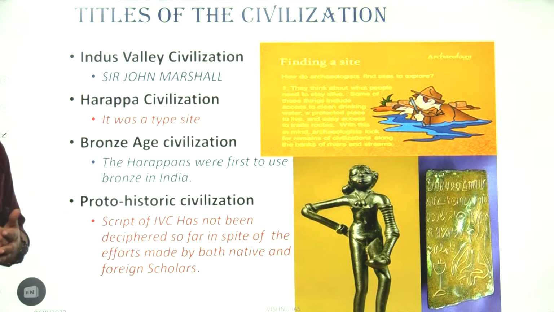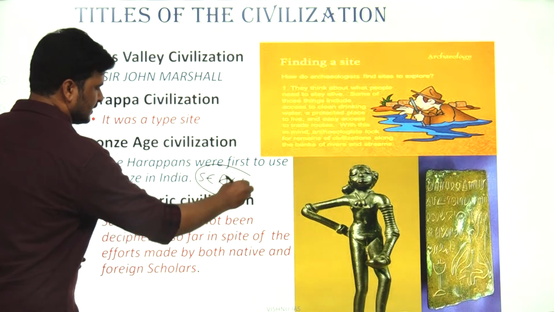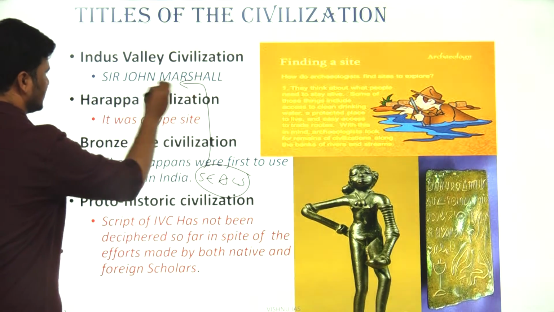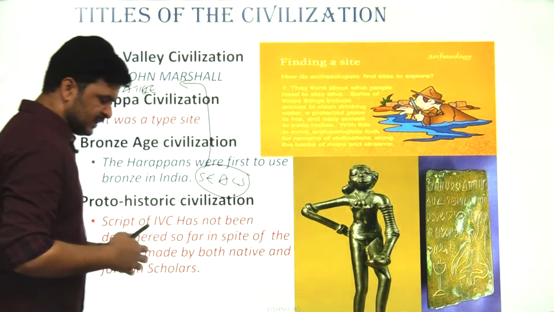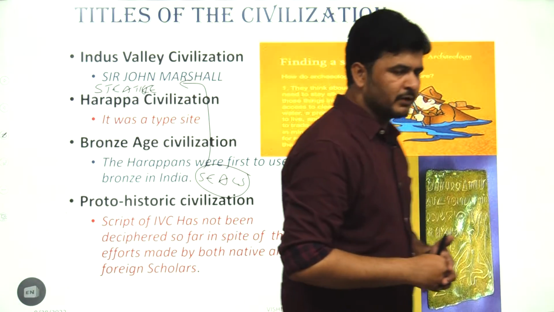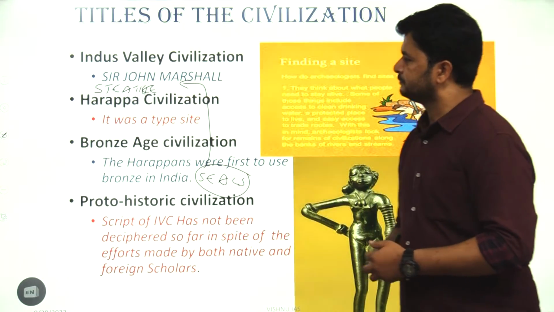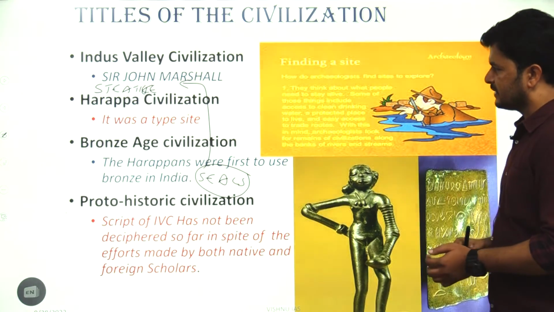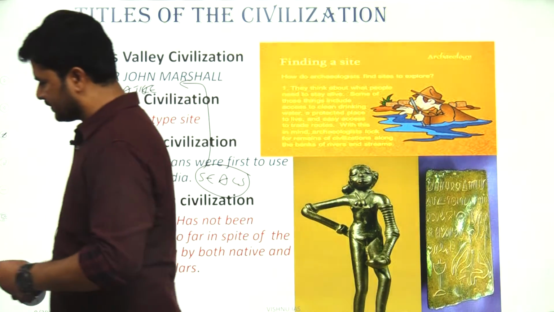In fact, we found it on seals, which are made of a soft stone called steatite. It's a previous question: the seals of Indus Valley civilization were made of a soft stone called steatite, S-T-E-A-T-I-T-E. It's a soft stone paste.